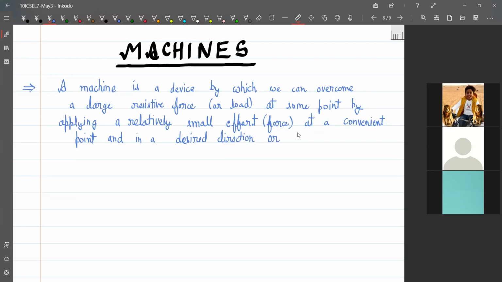Or by which we can obtain a gain in speed.